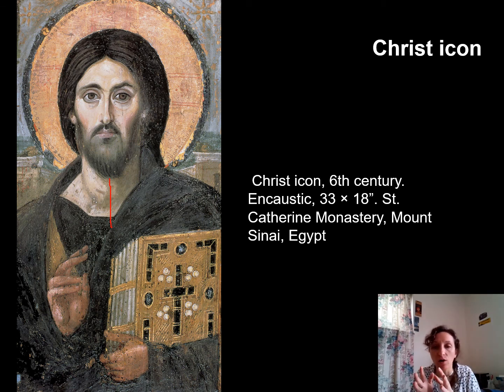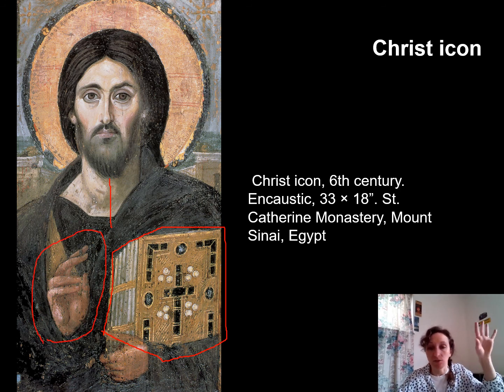So what we're seeing here is the real realm, the physical realm, and the sacred realm put right next to each other. The Bible, the Christian book, the Christian word, exists in this realm, right? And then the blessing exists in the sacred realm.